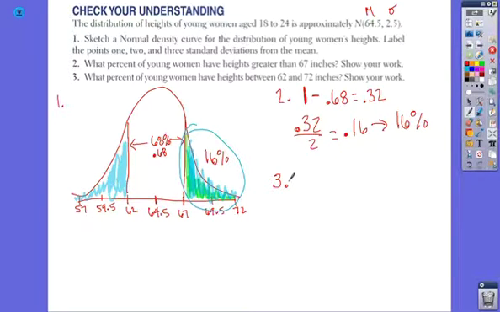Number 3 says, what percent of young women have heights between 62 and 72 inches? All right, so because I drew all over this one, I'm going to draw another one. Make it look as close to exactly the same as I can. In the middle, everything stays the same across the bottom.